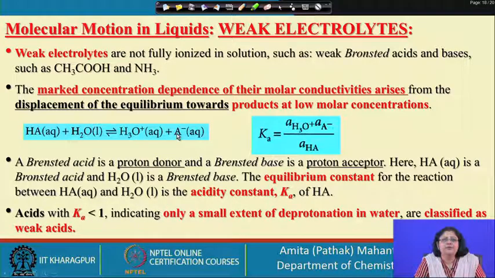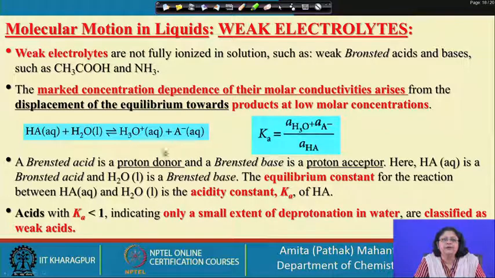It is going to be the product of the activity coefficient and the concentration, that means the activity of the products A and B divided by the concentration of the reactant. Here water is a large system, so it is always in large excess, so we do not take its concentration into account when we are talking about the equilibrium constant.